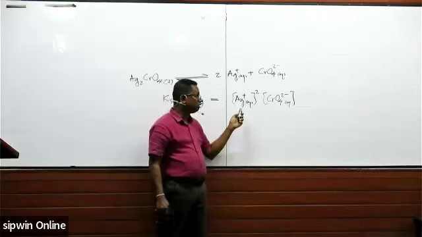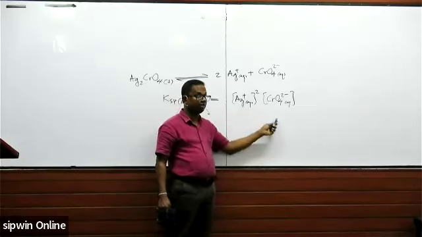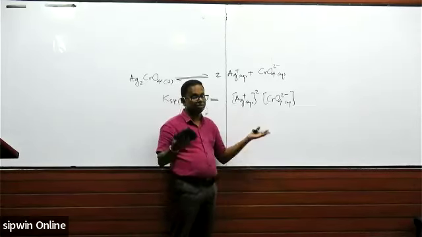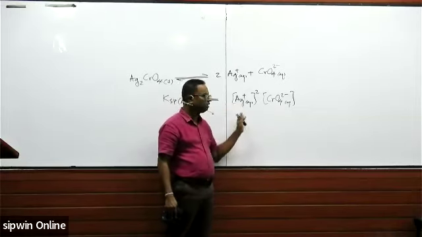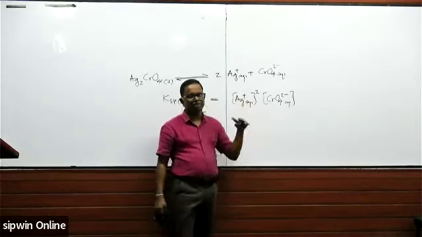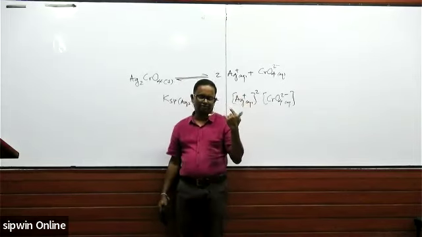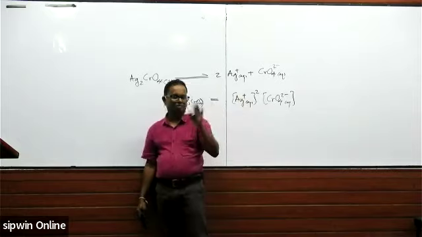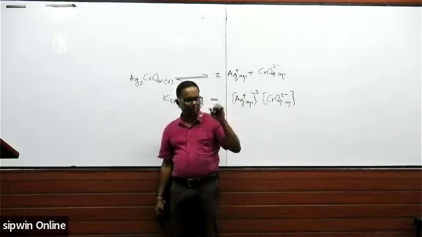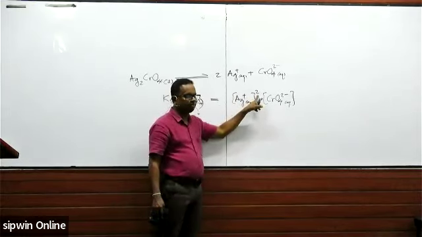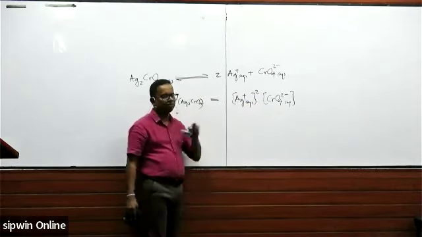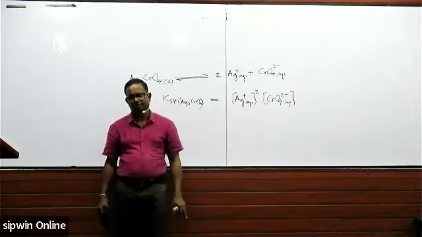Sometimes one may be high, sometimes the concentrations may be the same. Different relationships are possible, but the condition is that the product is fixed, like the Kw earlier. Concentration product with these appropriate powers is a fixed value if the temperature is fixed.